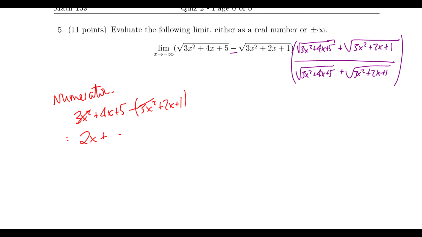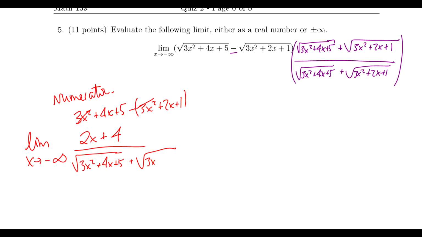So we're going to have 2x plus 4, and now we will include our limits and our denominator. We have 3x squared plus 4x plus 5 plus the square root of 3x squared plus 2x plus 1.